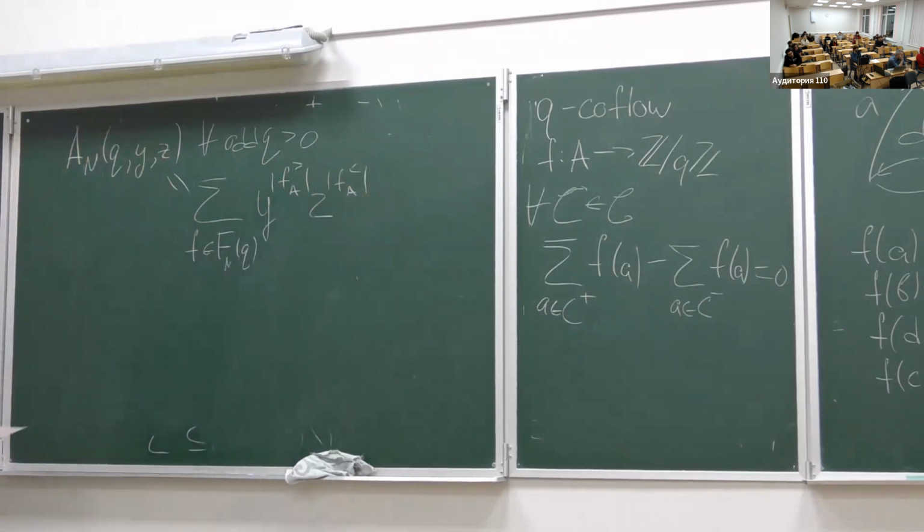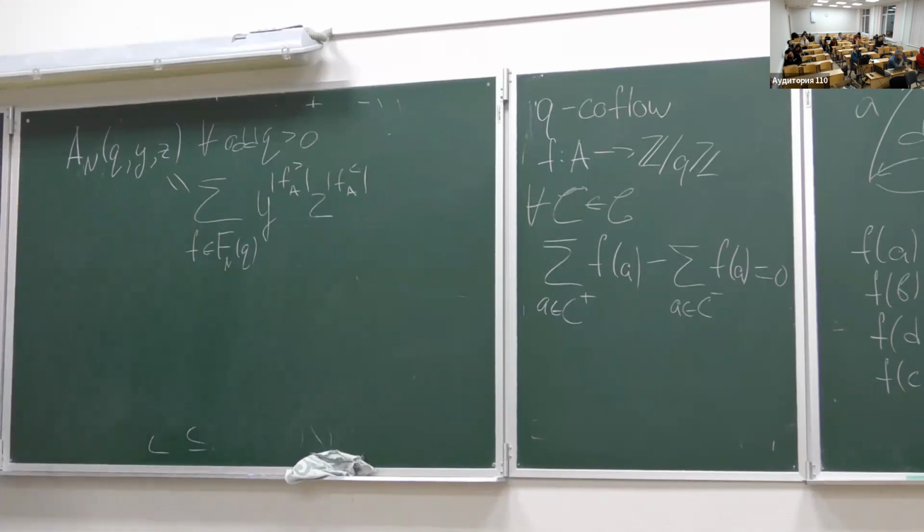And so we take each Q flow, we count the number of edges in which it takes positive numbers, and so we take y to the power, then we count the number of edges where f is negative, and you take z to the power, and then we sum over all Q flows.